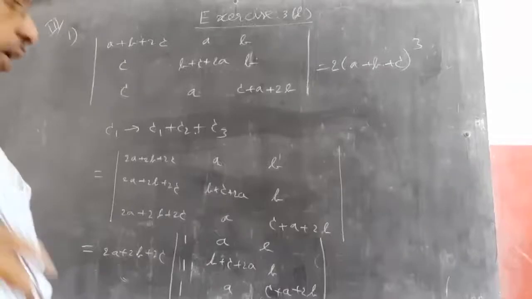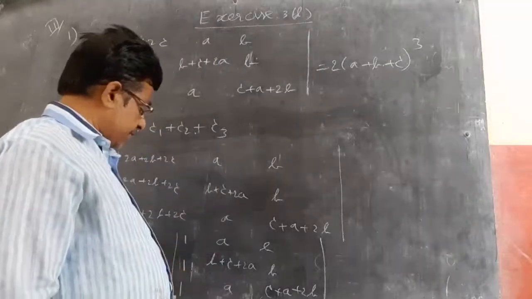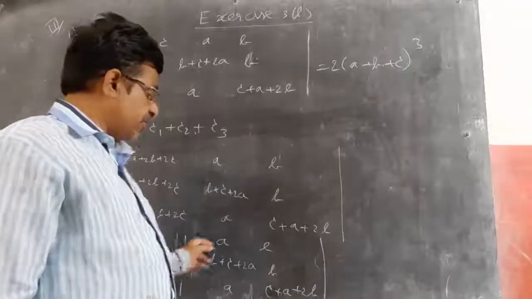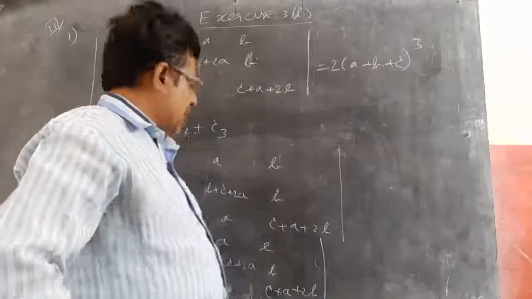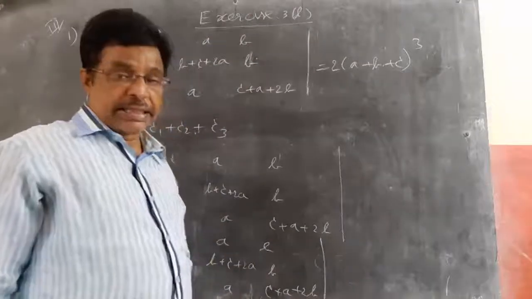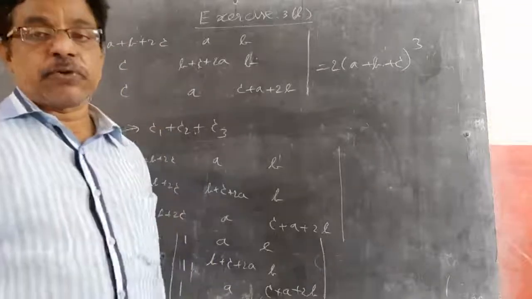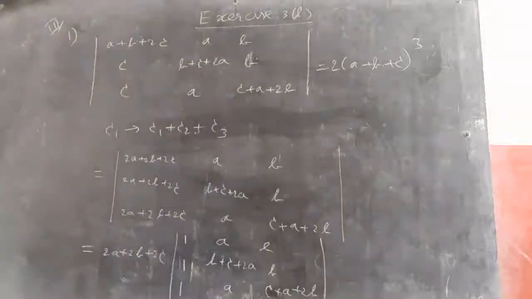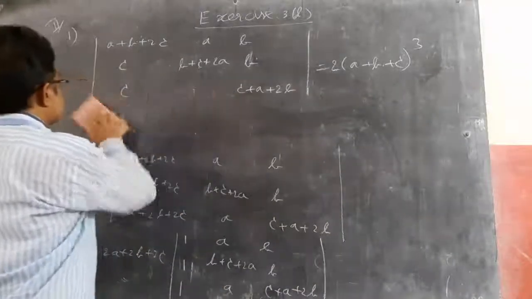Now, if I subtract this from this, I will get 0 here, and this from this, I will get 0 here. That means I multiply R1 with minus 1 and add it to R2, as well as multiply R1 with minus 1 and add it to R3. That is unaltered using our fourth property.